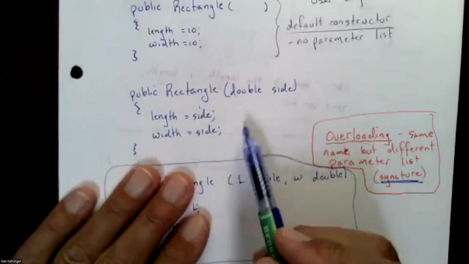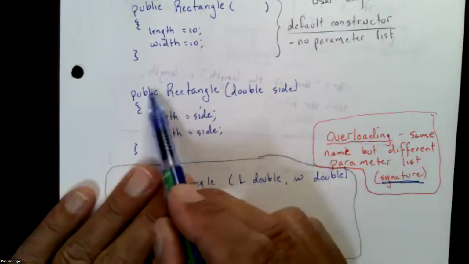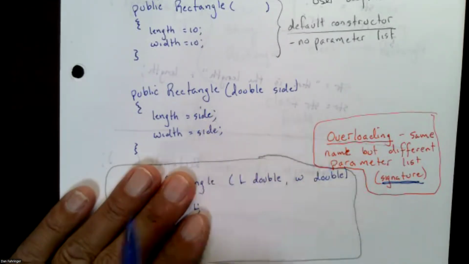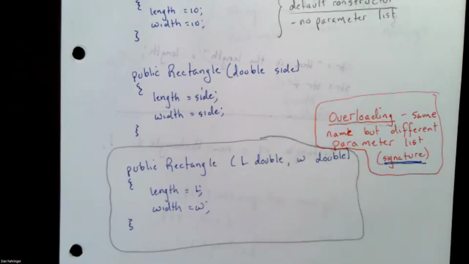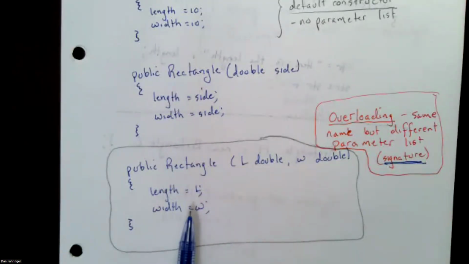So I could have a default constructor. I could have one with a single element in, and it would call this constructor, and I could assign the same value to the length and width. So it can have the same name, but if there are different inputs, then it calls a different constructor.